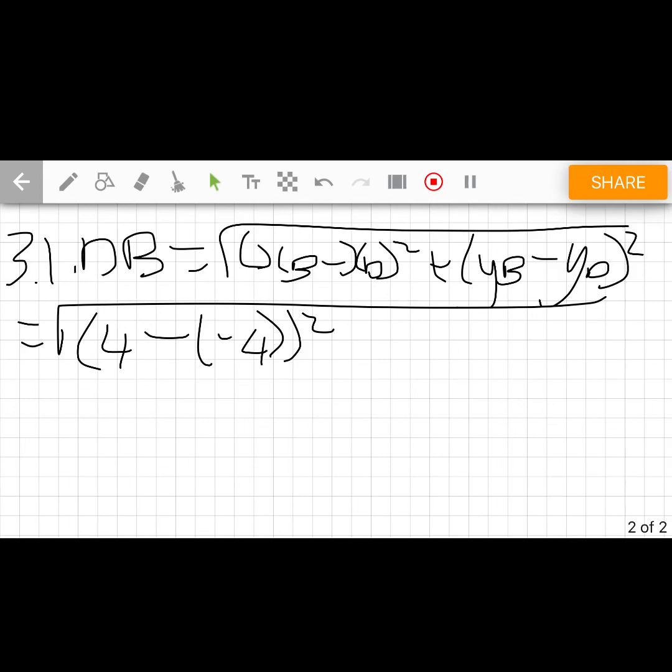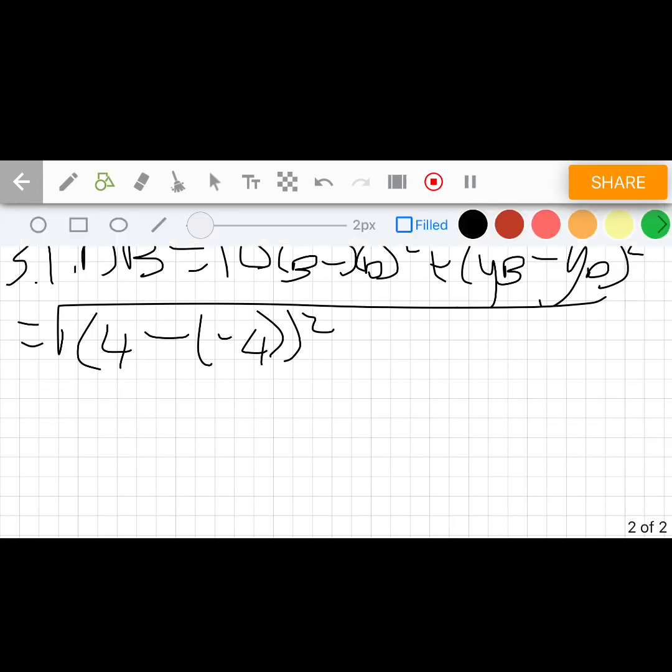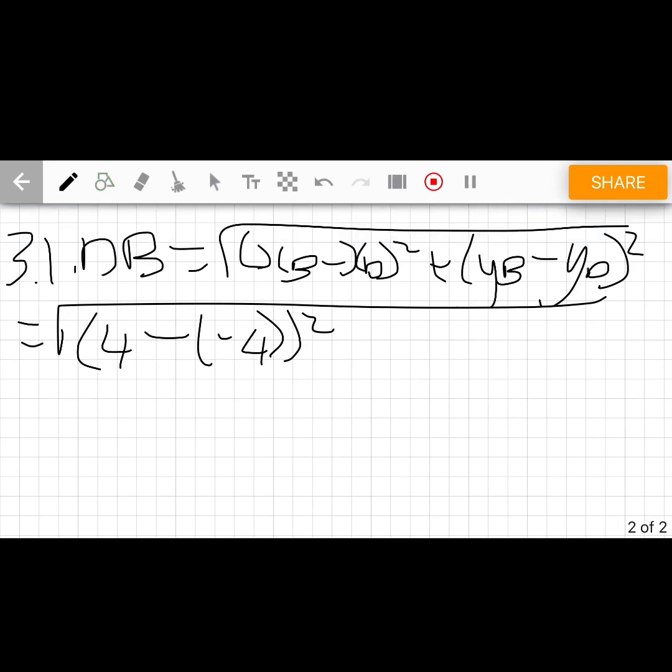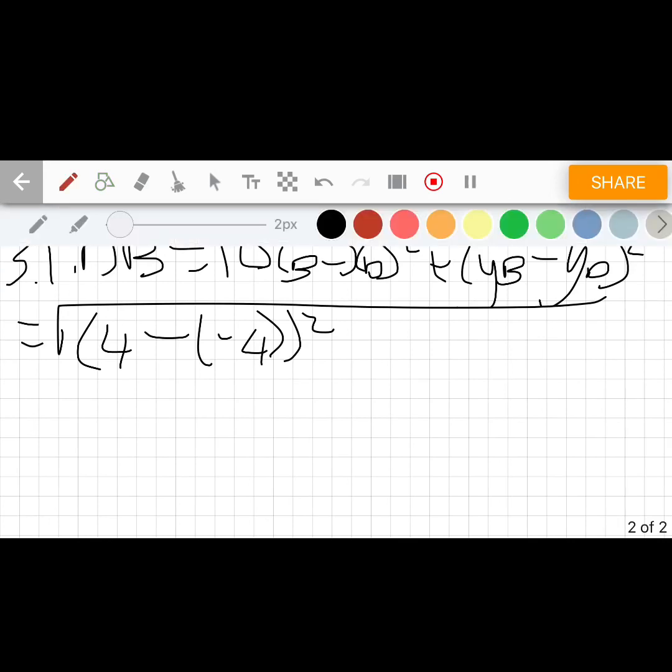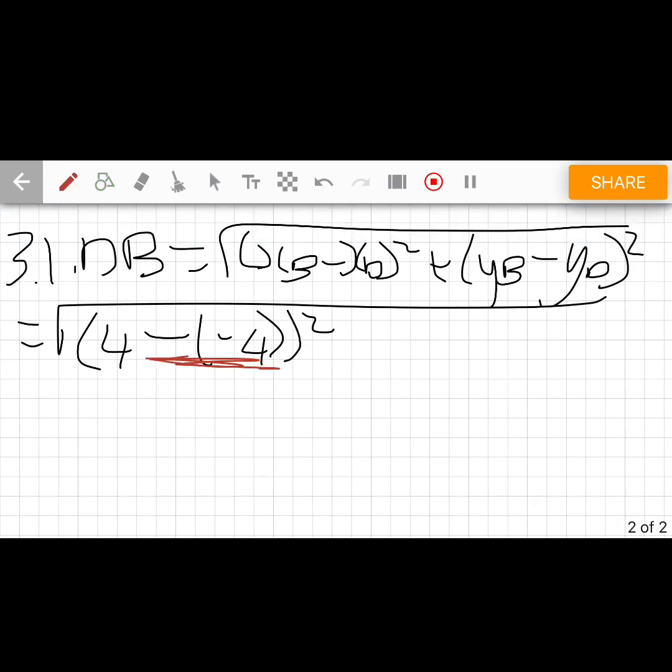Alright, x of B is 4 minus the x of D, we're going to say bracket negative 4 bracket squared. Be very careful over here. If you have a negative coordinate and you're writing that coordinate next, like negative x of D, in which x of D is negative, you put the negative number in brackets.